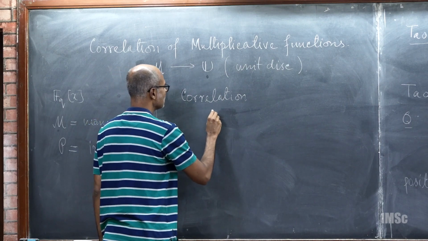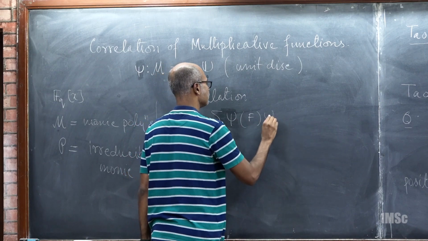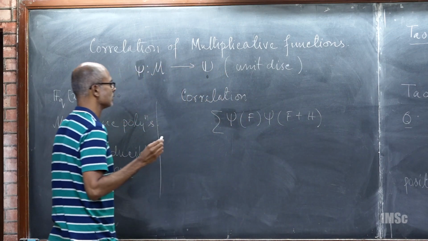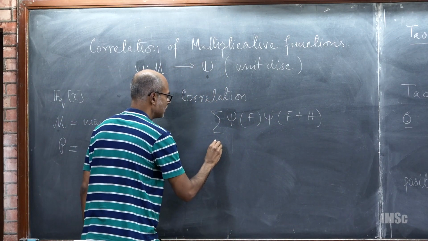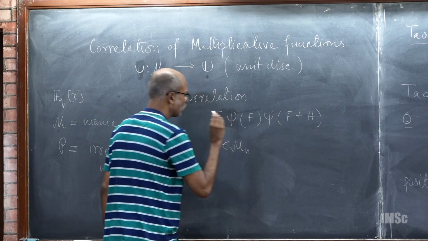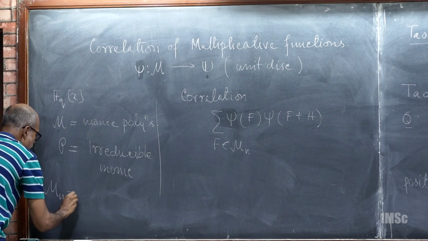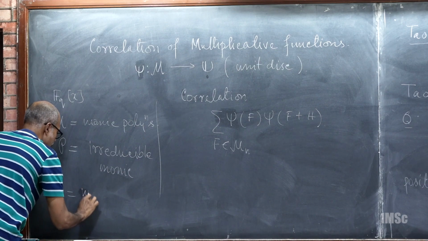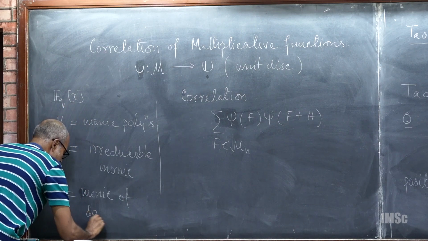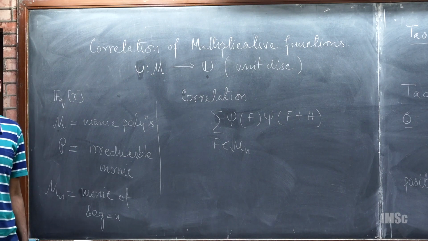So now I write the correlation. So psi of f, psi of f plus some fixed h, and then I am going to sum over the monic polynomials f of degree n. So that also is a notation to be written. Monic of degree exactly n.